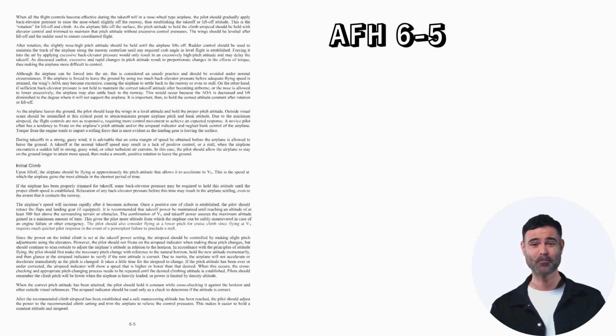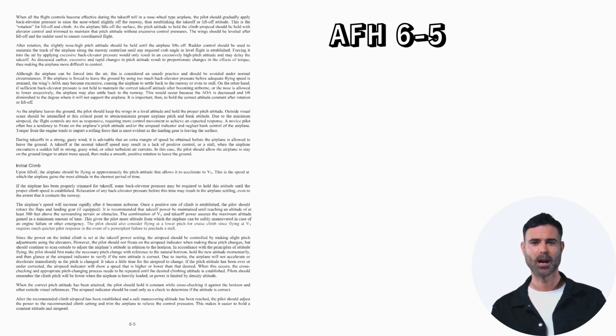In accordance with the principles of attitude flying, the pilot should first make the necessary pitch change with reference to the natural horizon, hold the new attitude momentarily, and then glance at the airspeed indicator to verify if the new attitude is correct. Due to inertia, the airplane will not accelerate or decelerate immediately as the pitch is changed.